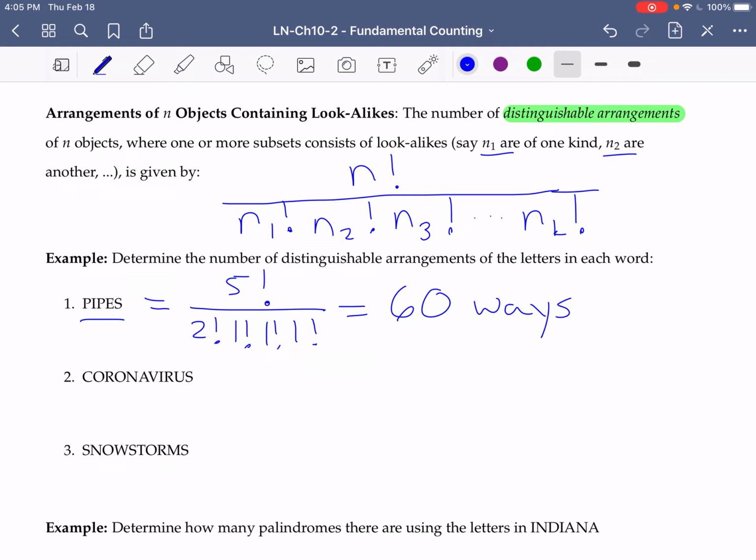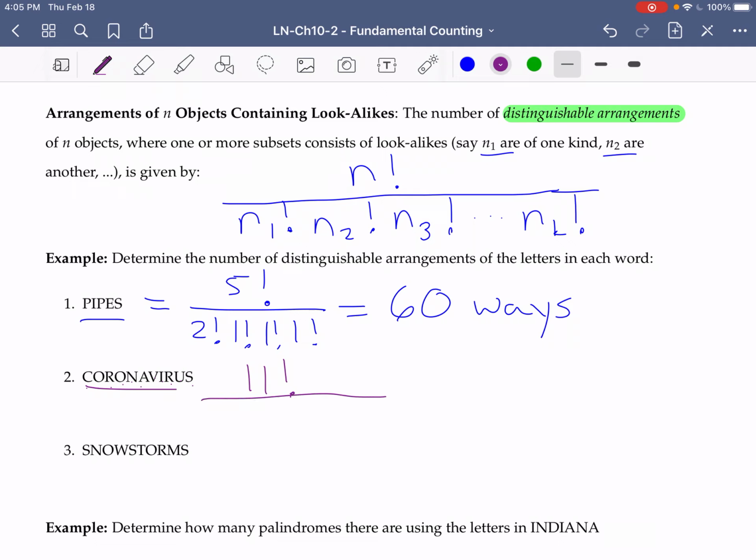Excellent. What if we wanted to know how many different ways to order the letters in the word coronavirus? Let's count the number of letters: 1, 2, 3, 4, 5, 6, 7, 8, 9, 10, 11 letters. How many letter C's?